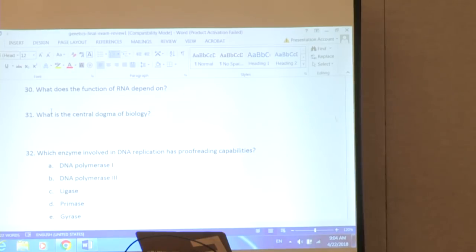Yeah, so in this case, actually, polymerase 1 and 3 both have proofreading capabilities, right? In different directions. So the function of DNA polymerase 1, does anyone remember?